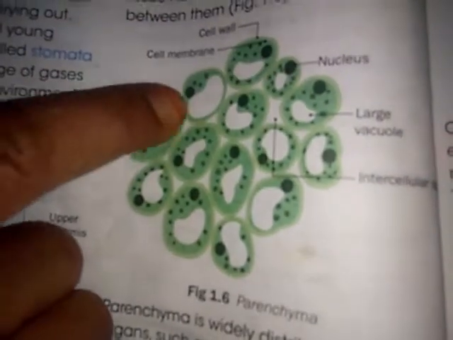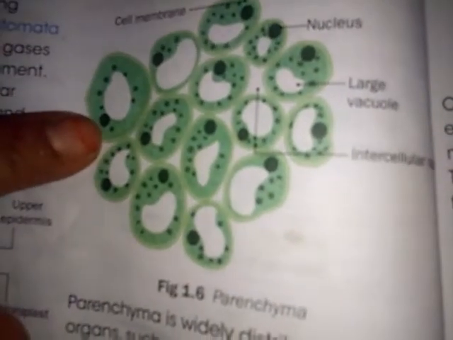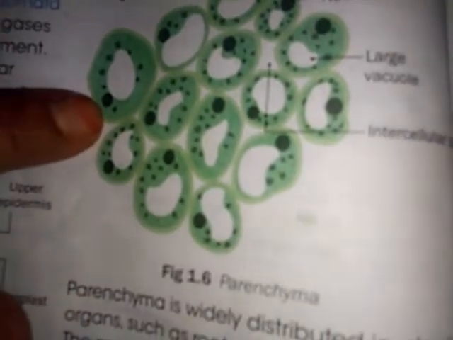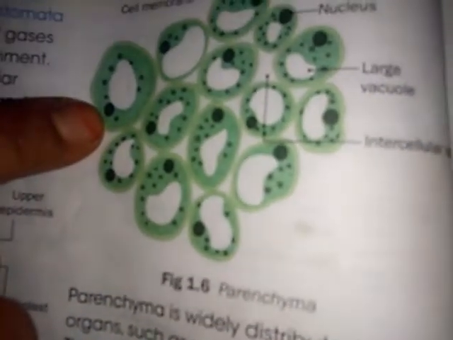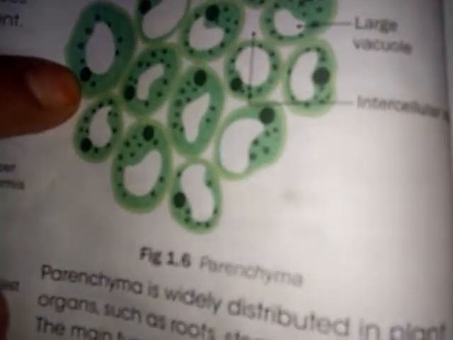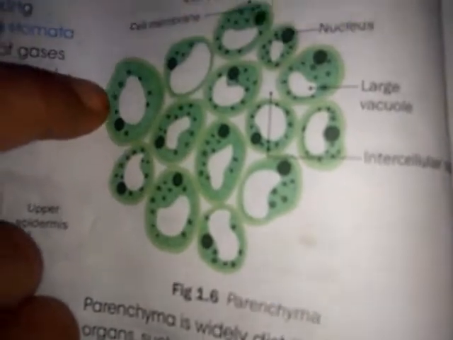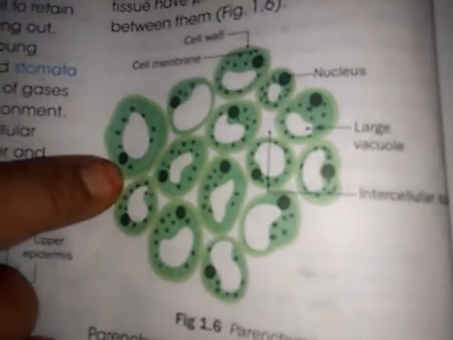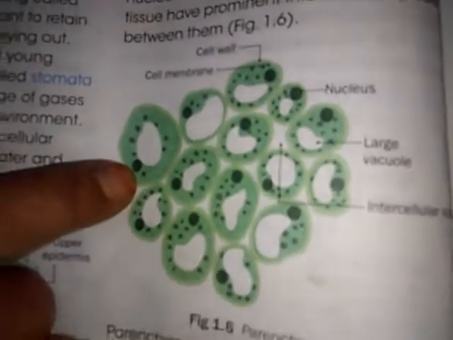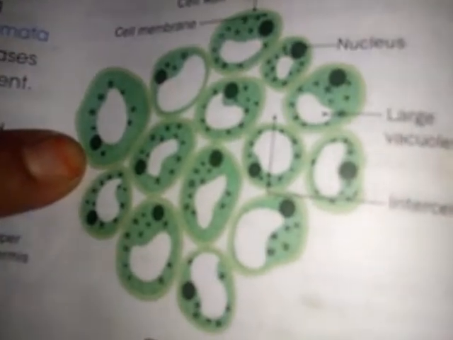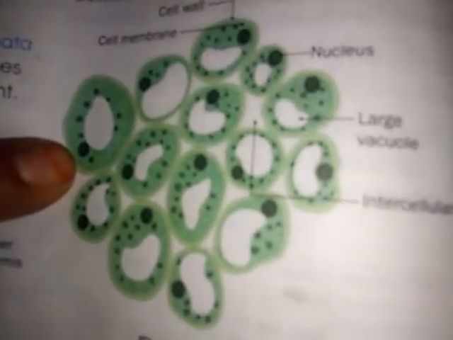It is present in a marginal position, at the end of the cell. Listen, students, the liquid form is called cytoplasm. In the cytoplasm, a marginal nucleus is present. The dot is called the nucleus.